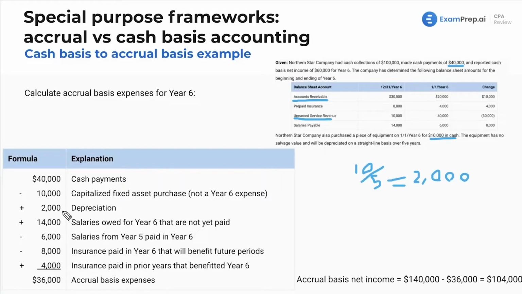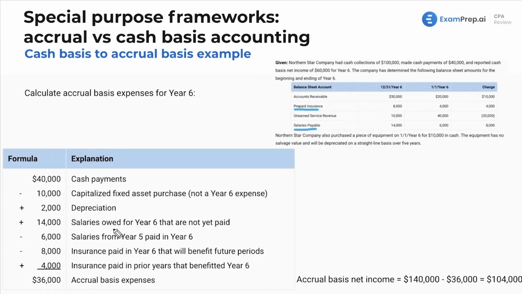Now we have our normal expenses, our normal things we saw from before, except now we have prepaid insurance and salaries payable. Anytime you have payables, prepaids, unearned, receivables, basically anything that is not collected right now, we're going to net those again together.